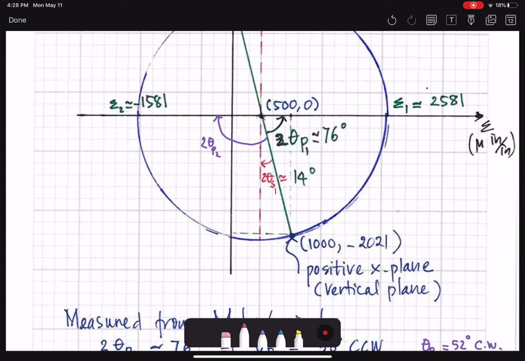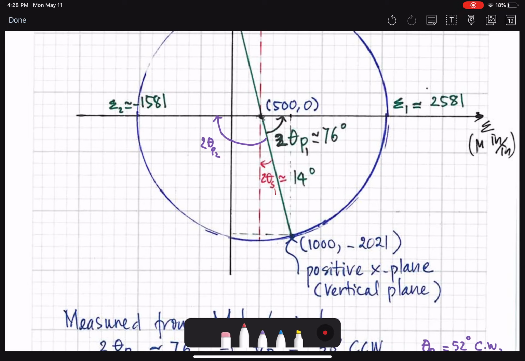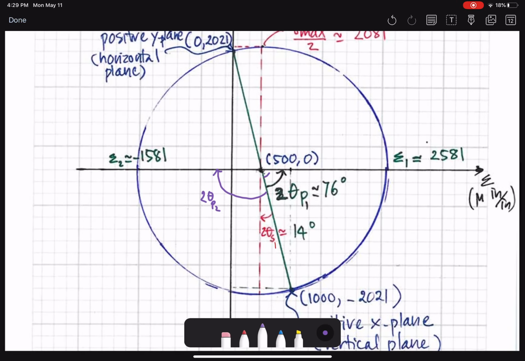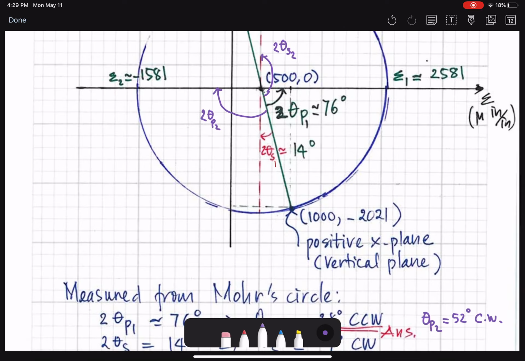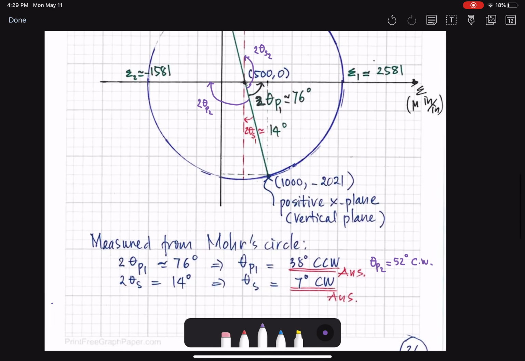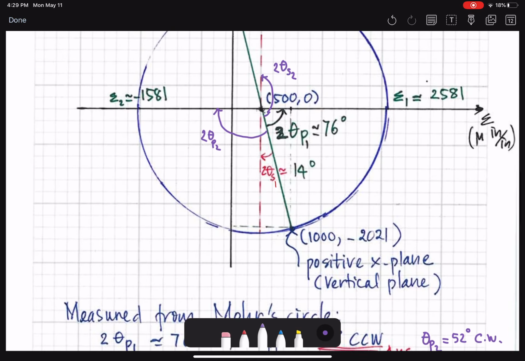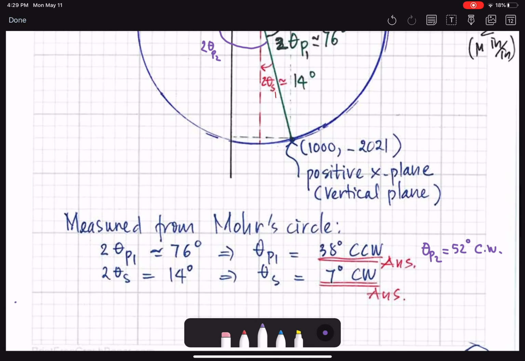You can find 2 theta x2 from the positive x-axis to gamma max up here, and that is 2 theta x2. And that one, as you can see, theta s1 plus theta s2 have to be 90 degrees.